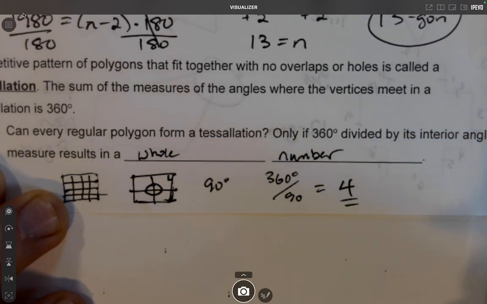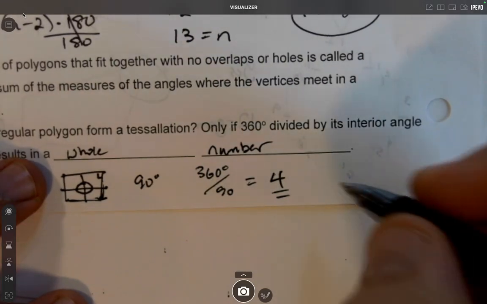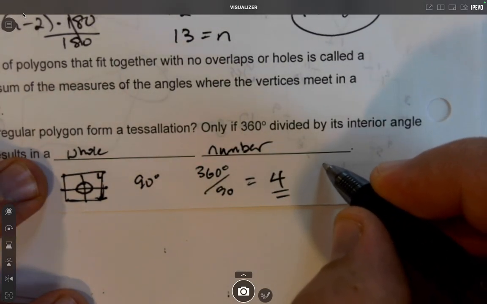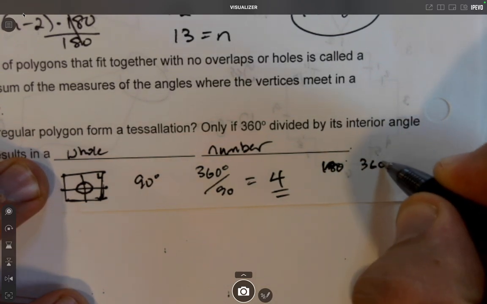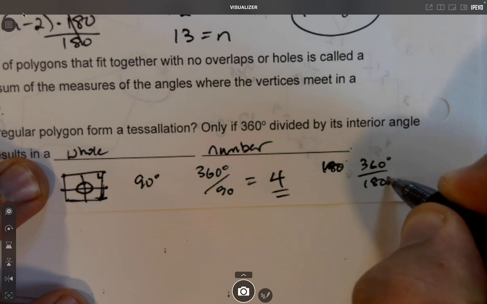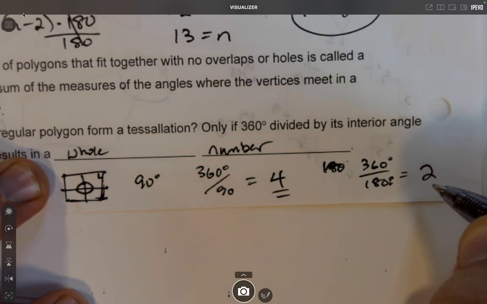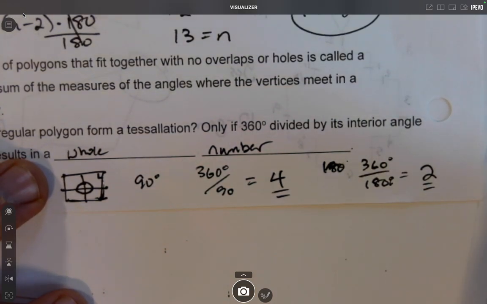So since that's a whole number, I know that works just fine. Same with triangles. A triangle, I would do 360 divided by 180 and get 2. That's a whole number, so triangles would work also.